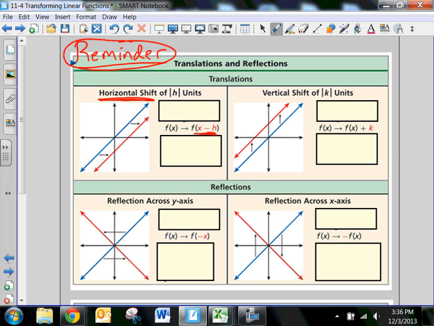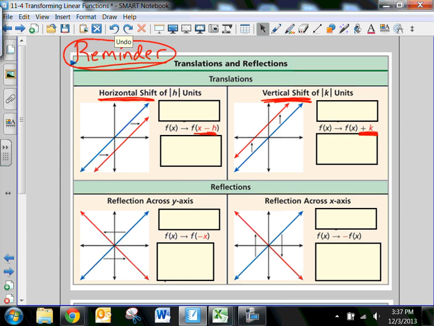When we were going to do a vertical shift of a linear function, we would add or subtract this value to the outside of the parentheses. Notice how this k is on the outside and this h is on the inside. Those two represent vertical shifts and horizontal shifts.